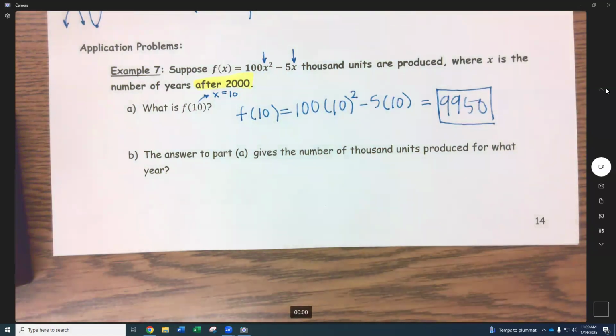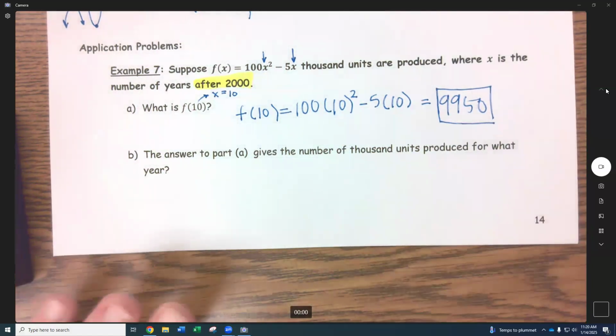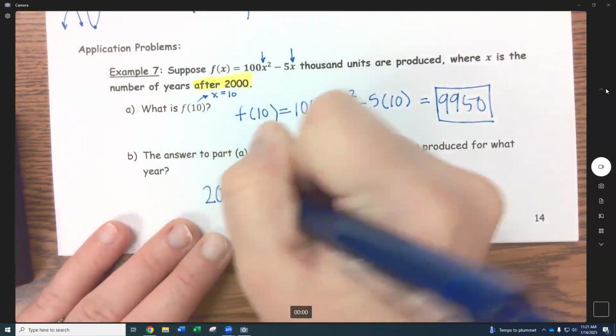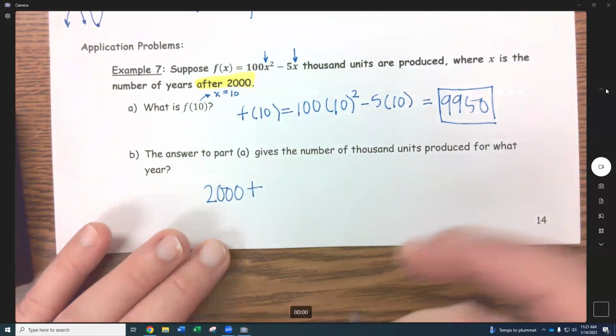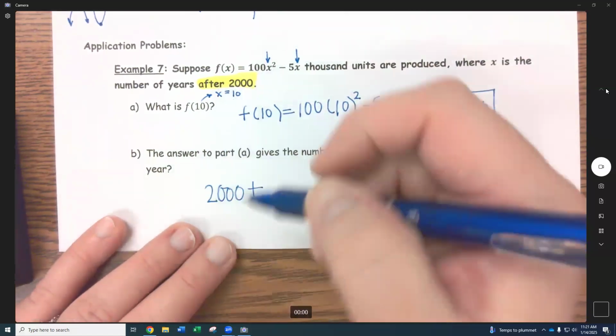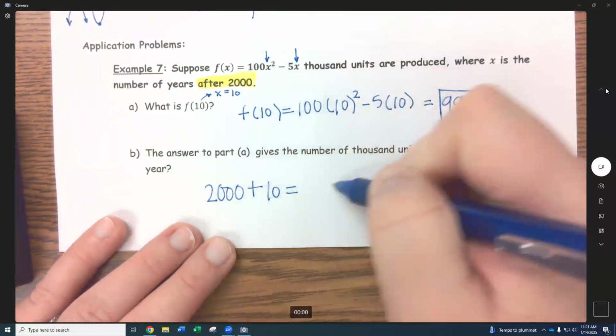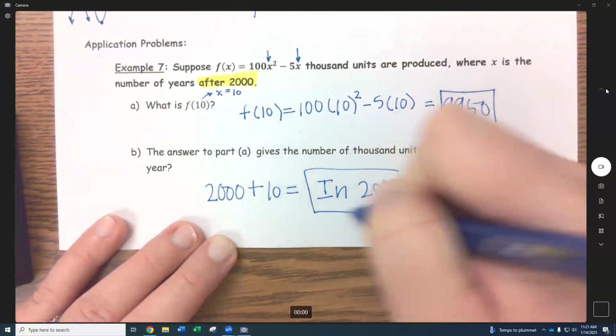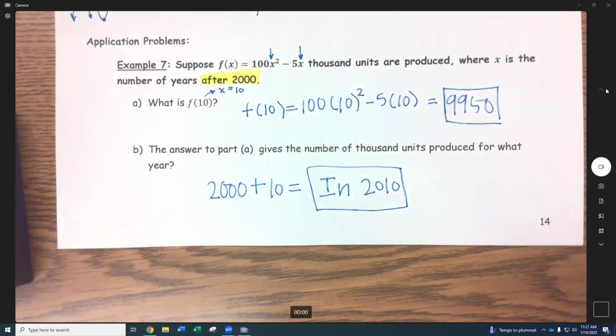So if my x is 10, I'm not going to say in 10 years. And yes, that's true, but it wants to know what year we are in. So we are doing 2,000, what it is after, plus what my x equals, 10. So this is for 2010.